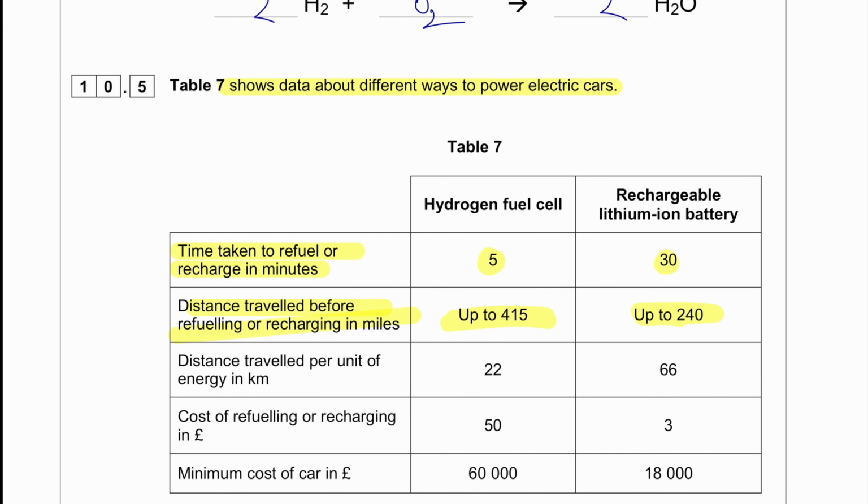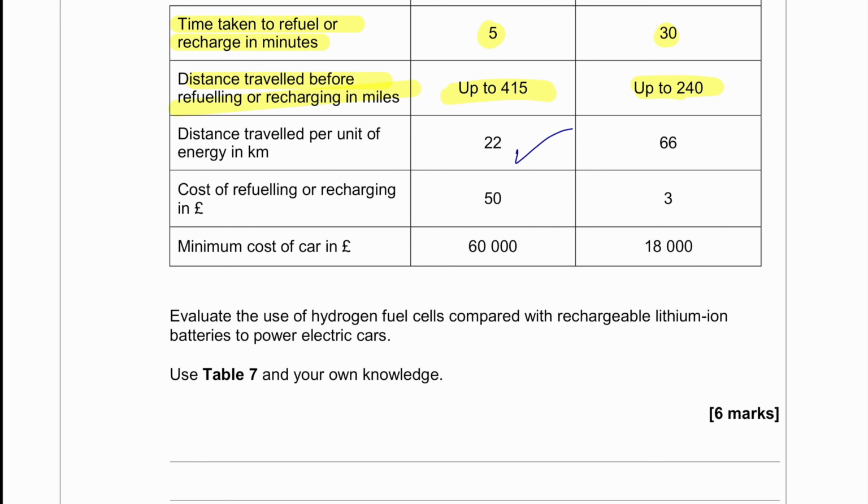Distance traveled per unit of energy in kilometers: 22 and 66. Cost of refueling: 50 and 3. Minimum cost of car in pounds: 60,000 and 18,000.